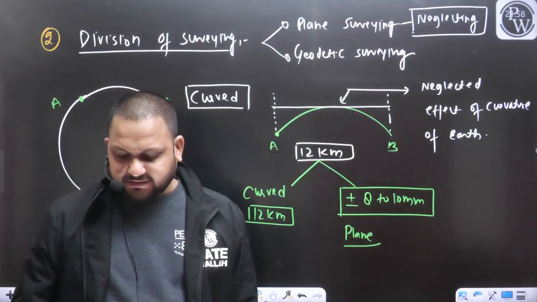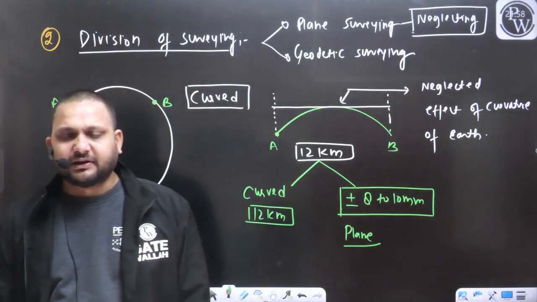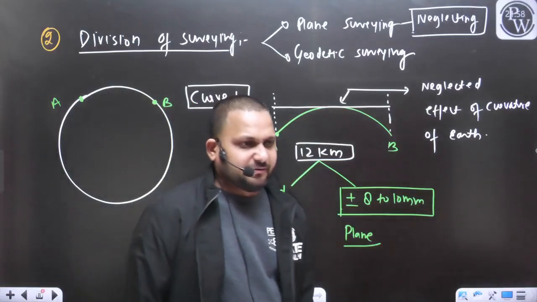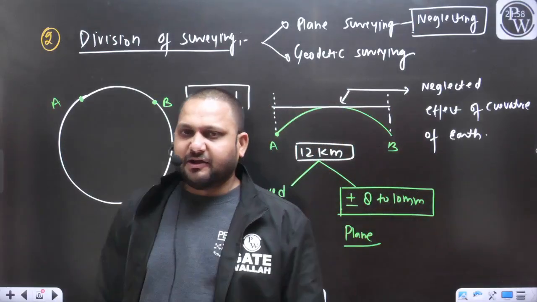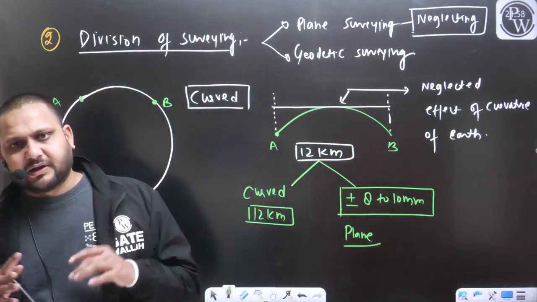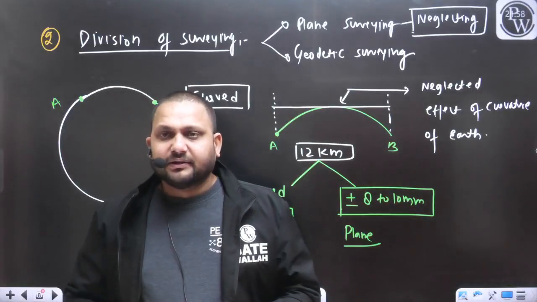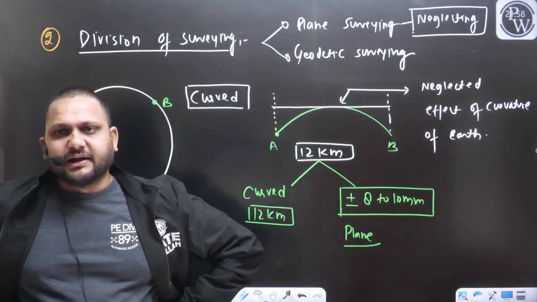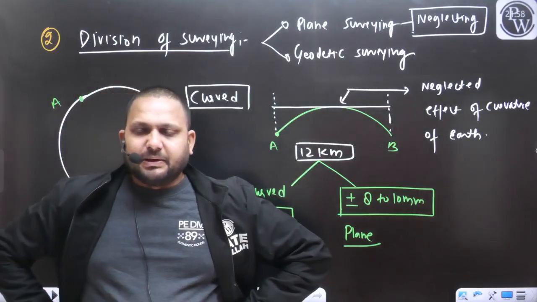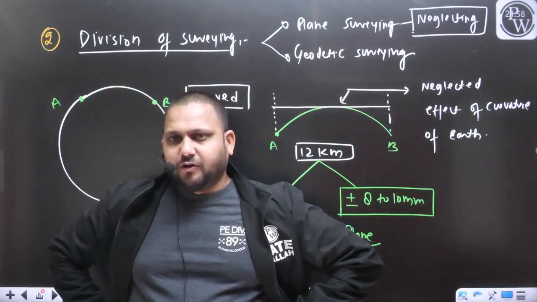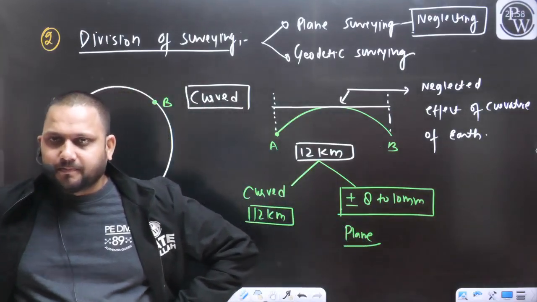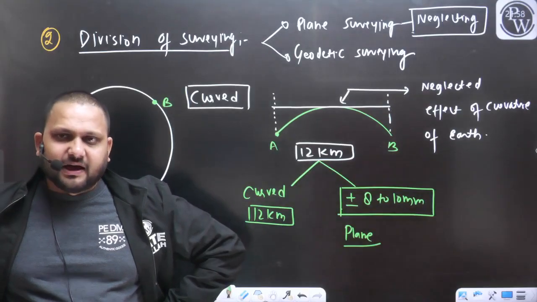So if we are considering the effect of the curvature of earth in our measurement, that survey will be considered as the geodetic survey. And if we are neglecting the effect of the curvature of earth in our measurement, that survey will be considered as the plane survey. Plane survey is suitable for the small area, for the small length, for the small distances, because the errors are quite less.